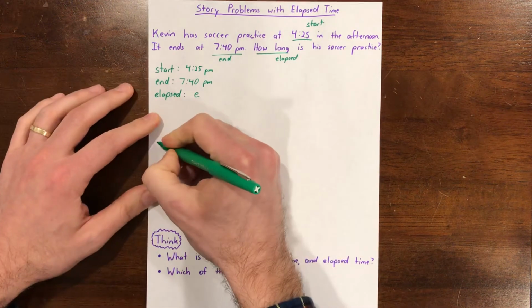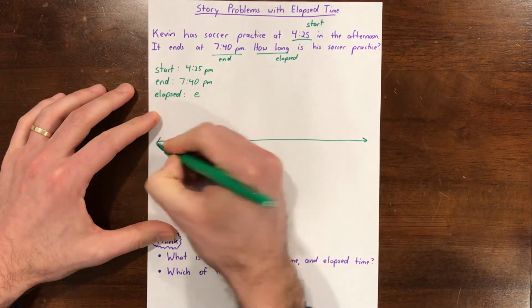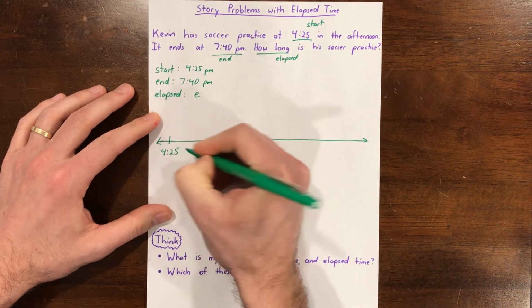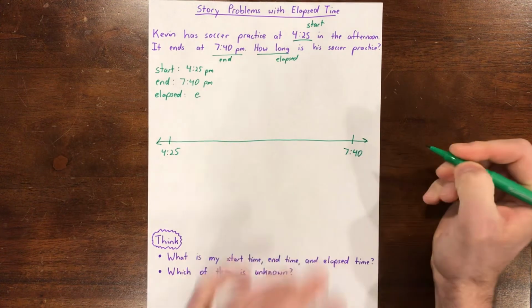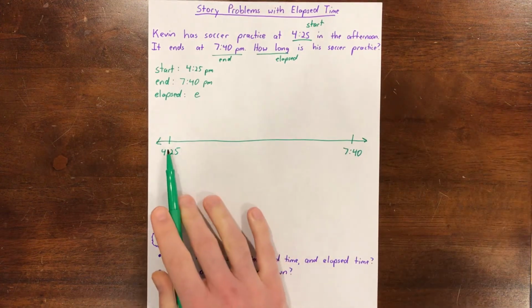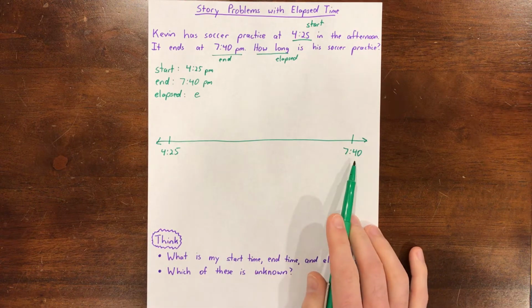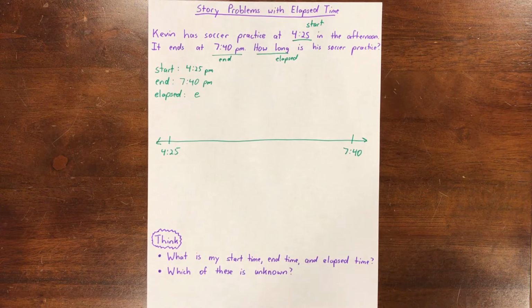Yeah, we could use a number line. Right? We could put 4:25 at one end. We could put 7:40 at the other end, and then we could see how many jumps it takes to get from our start time to our end time.